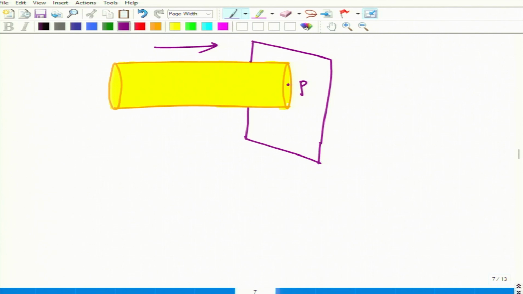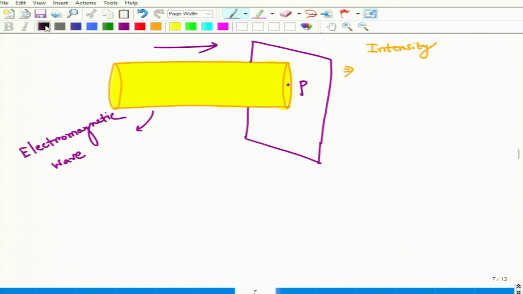So what will be the intensity of that radiation? Let me first write the definition of intensity.